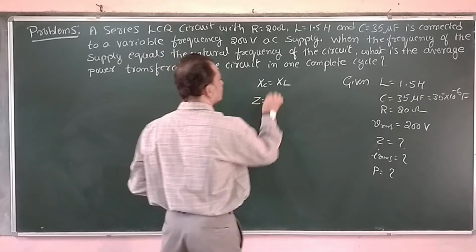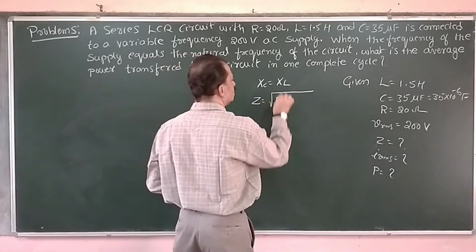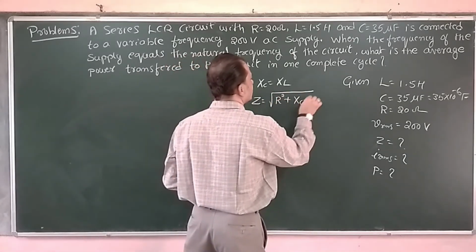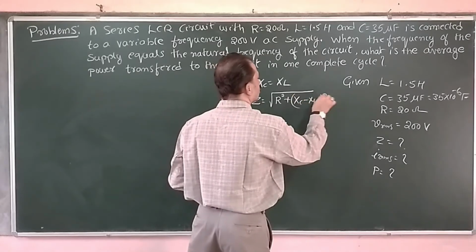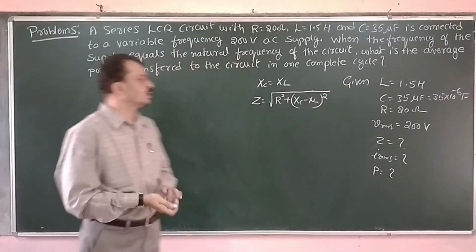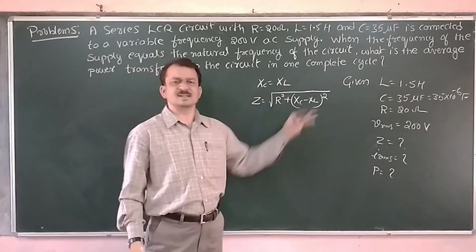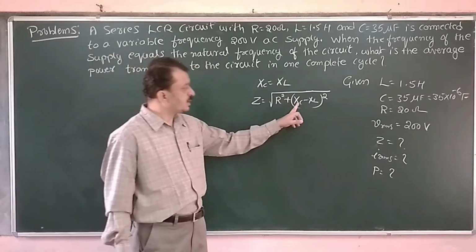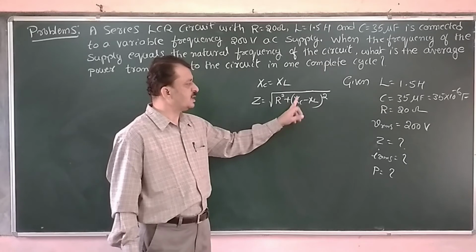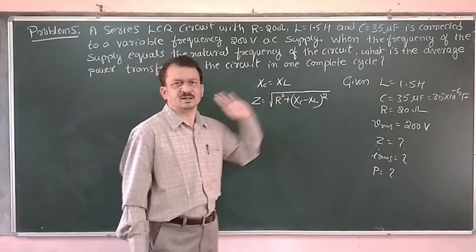Therefore, we know the expression for impedance: Z is equal to the square root of R square plus Xc minus XL whole square. In some textbooks they use XL minus XC, both are the same, but here we have written assuming that XC is greater than XL.